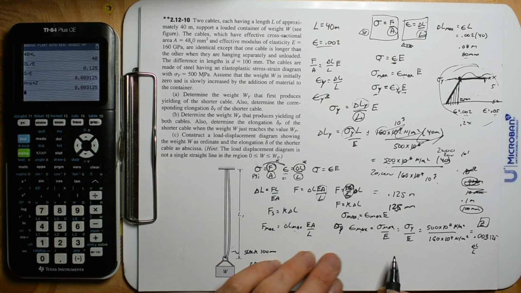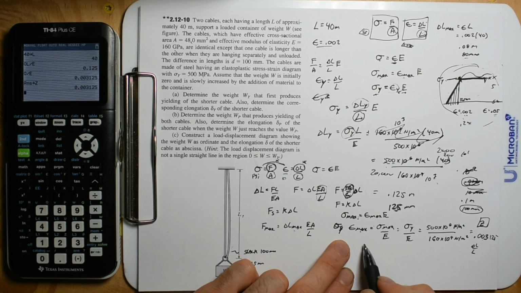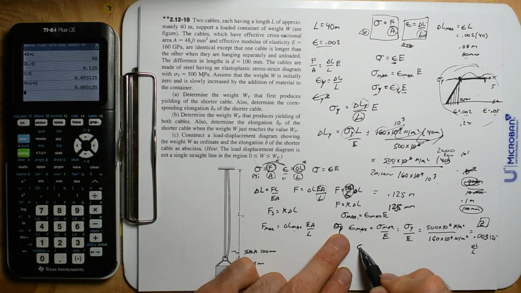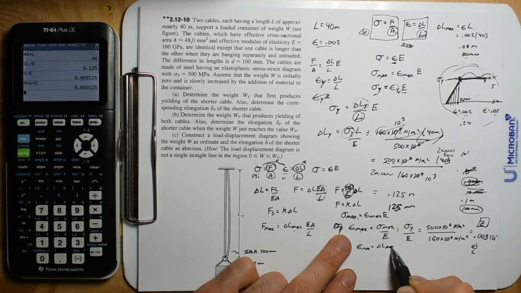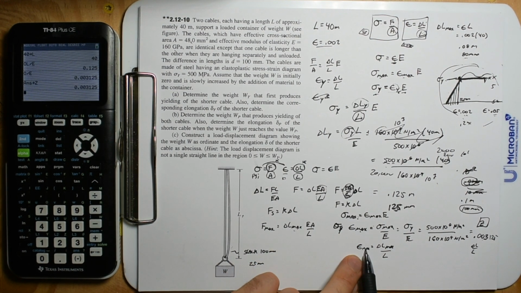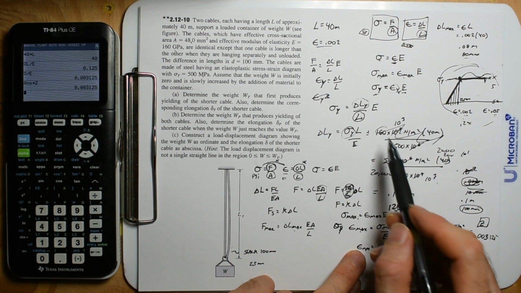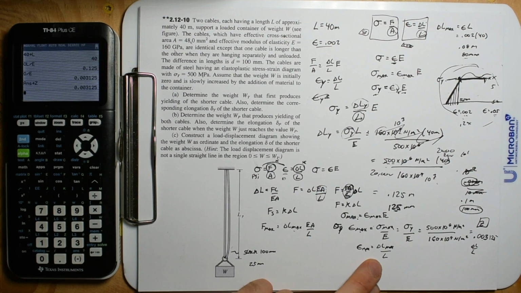And now we can find, strain max is equal to change in length max divided by L. That's the definition of stretch. Stretch is change in length divided by total length.